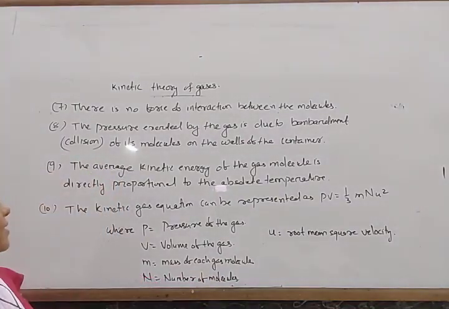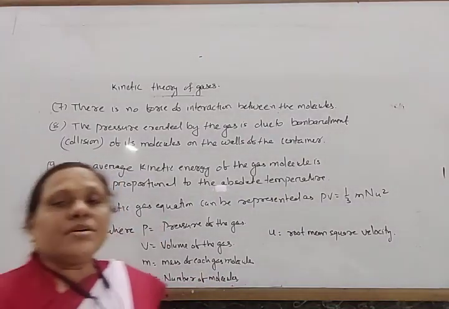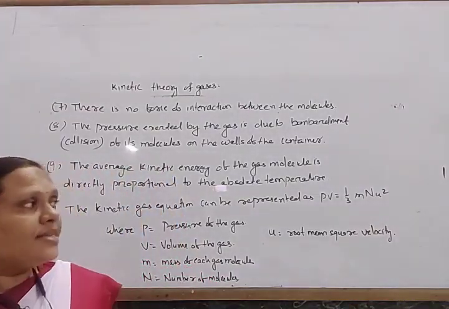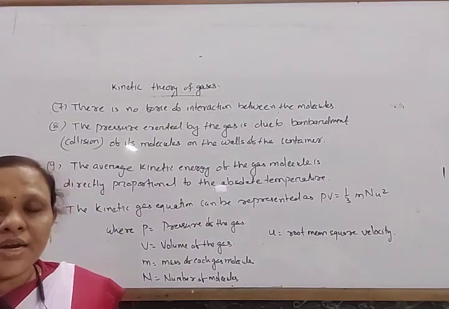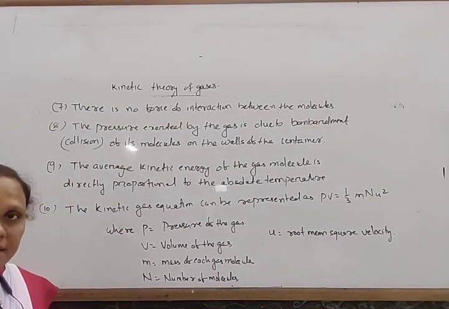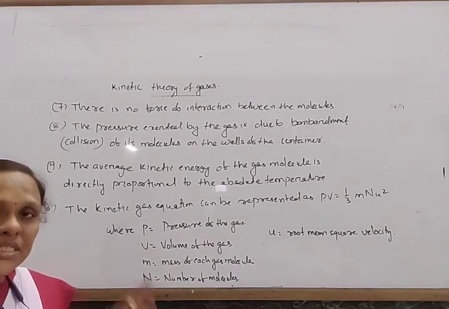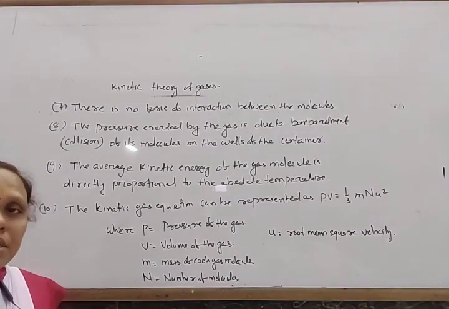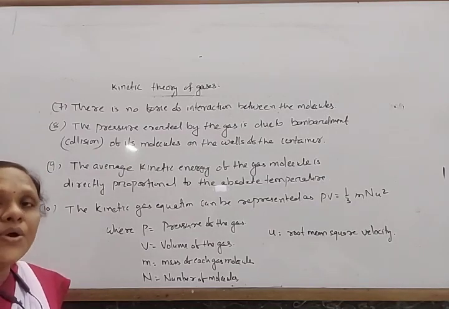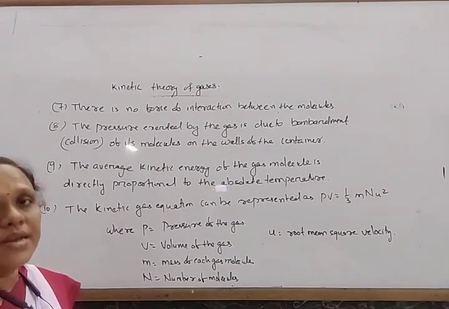The kinetic gas equation can be represented as PV = 1/3 mNu², where P is the pressure of the gas, V is the volume of the gas, m is the mass of each molecule, N is the number of molecules present, and u is the root mean square velocity.